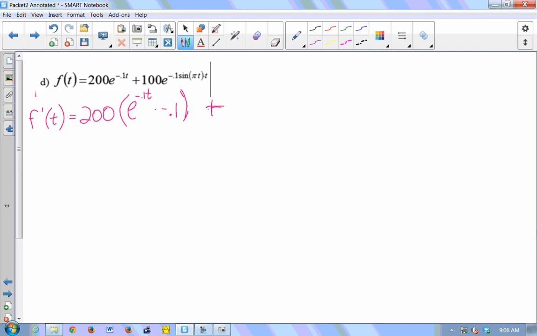So again, I have a constant multiple, so I can just write that 100 down and multiply it by whatever I get when I take the derivative inside. What comes after the 100 is e to a bunch of stuff, right? What's the derivative of e to some stuff?